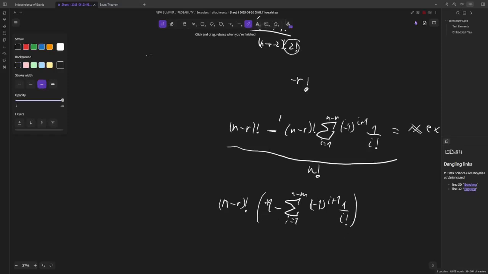And if you add this 1 and then change this sign, then you can take this one out because then all the signs are changed.